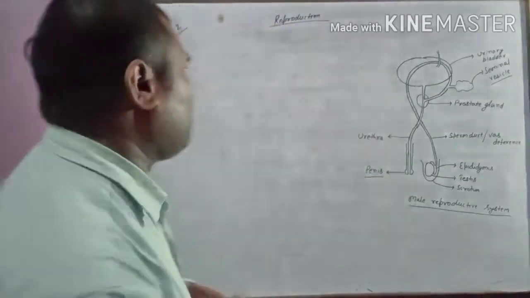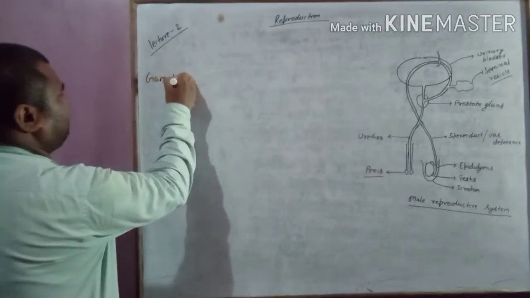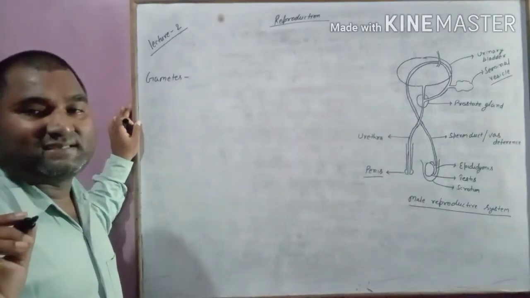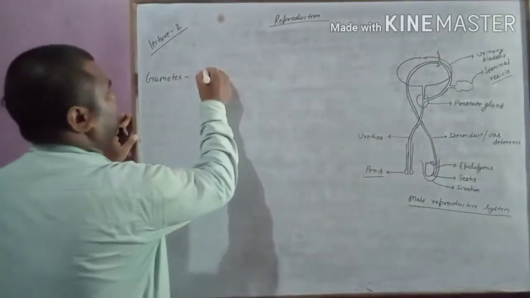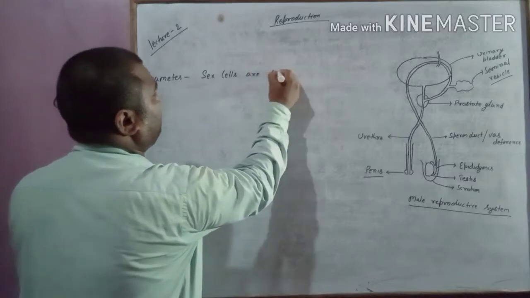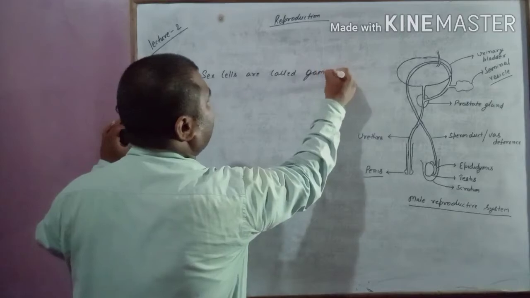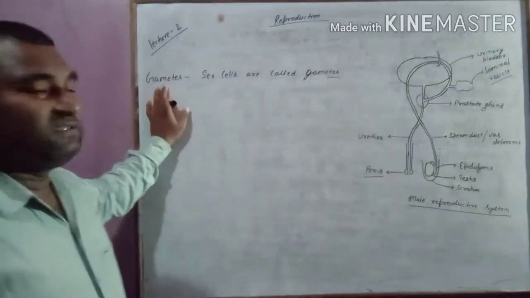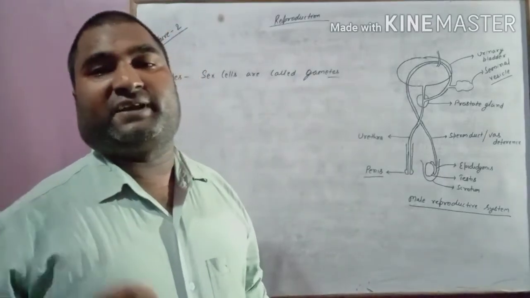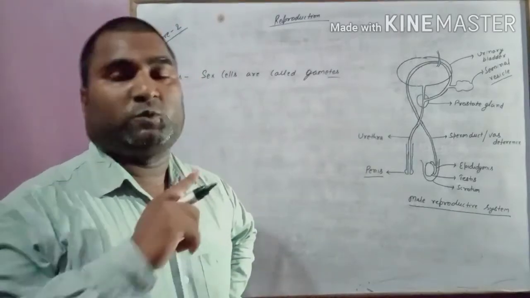So what is gametes? Special cells or the sex cells are called gametes. The definition of the word gamete is not complete here. In the next chapter, adolescence, we will again go through this word.